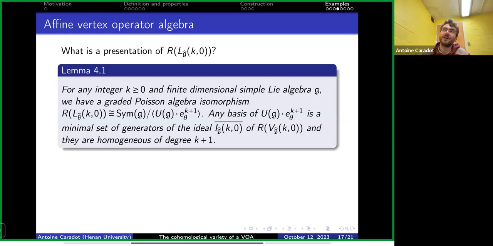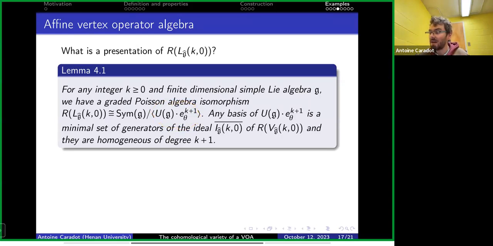So the Poisson structure here is not necessary, but it's just the cherry on top because everything works fine between the C2 algebra and the quotient of this symmetric algebra by the ideal generated by all those relations. And the important part, as I mentioned, is how many minimal generators are going to be needed to get this ideal.